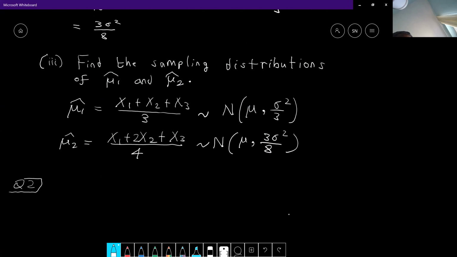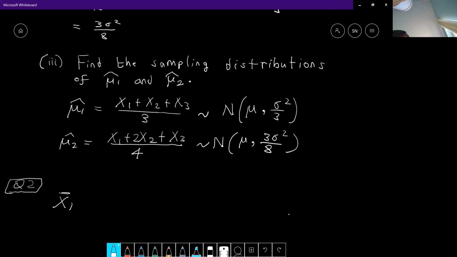You have a random sample. X bar 1 is the mean of a random sample of size n1 from a normal population with mean mu and variance sigma squared.